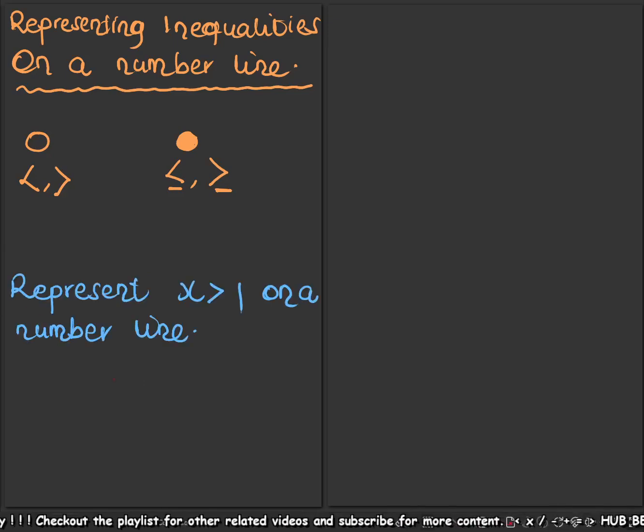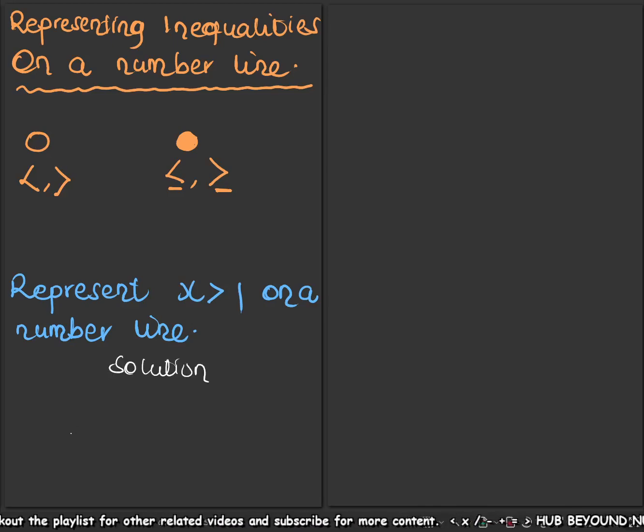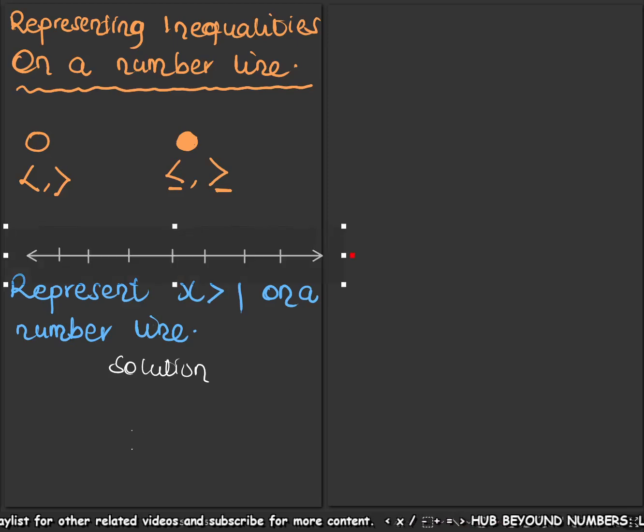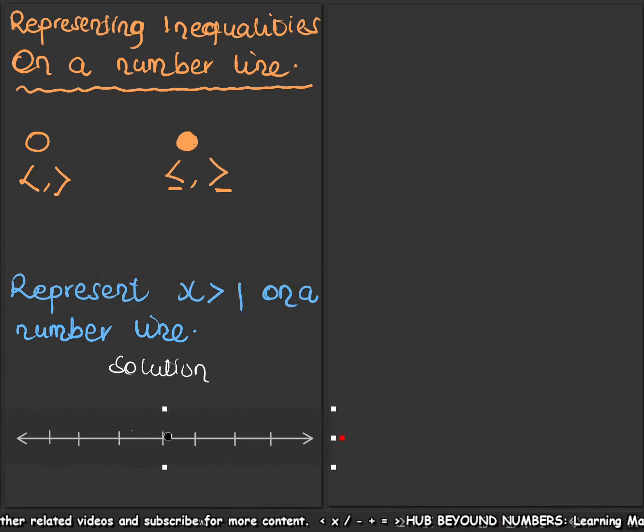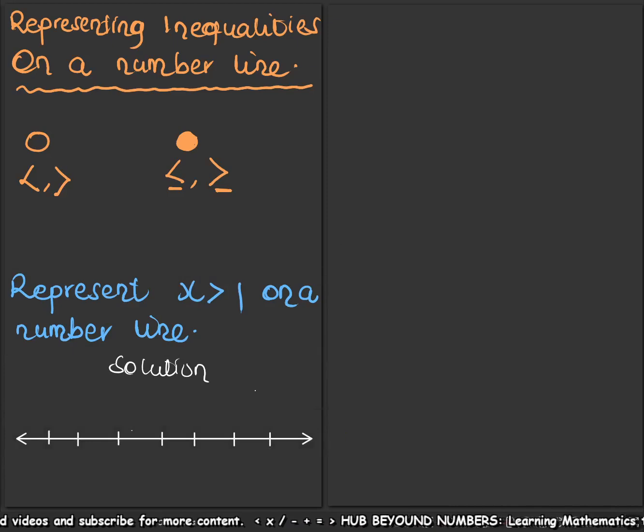Okay. So for our first question here, we have to represent x is greater than 1 on the number line. So the first thing we need to do is to draw our number line. So I'm going to just put down my number line here. You see, now with this number line drawn, we would have to do our label.